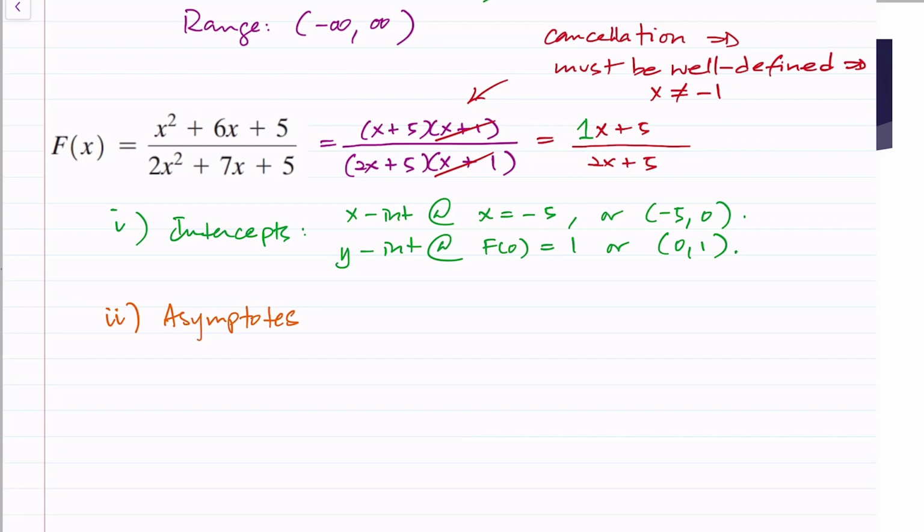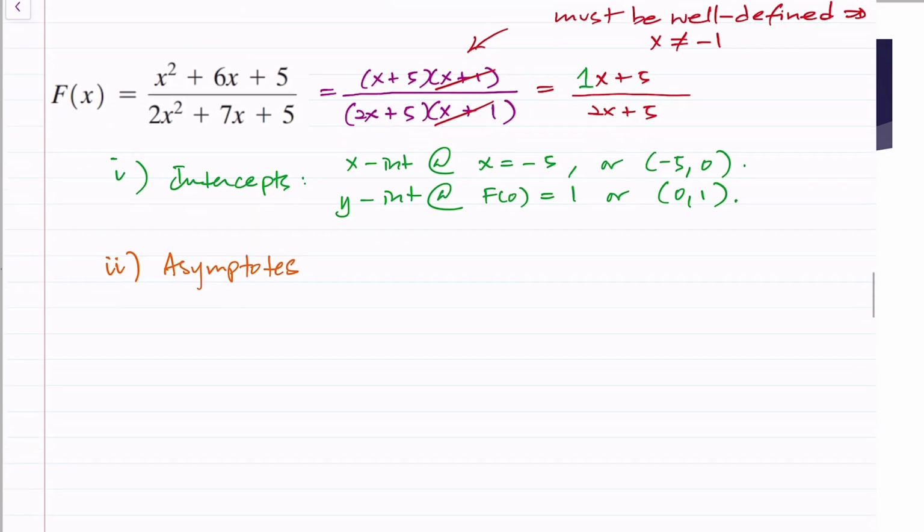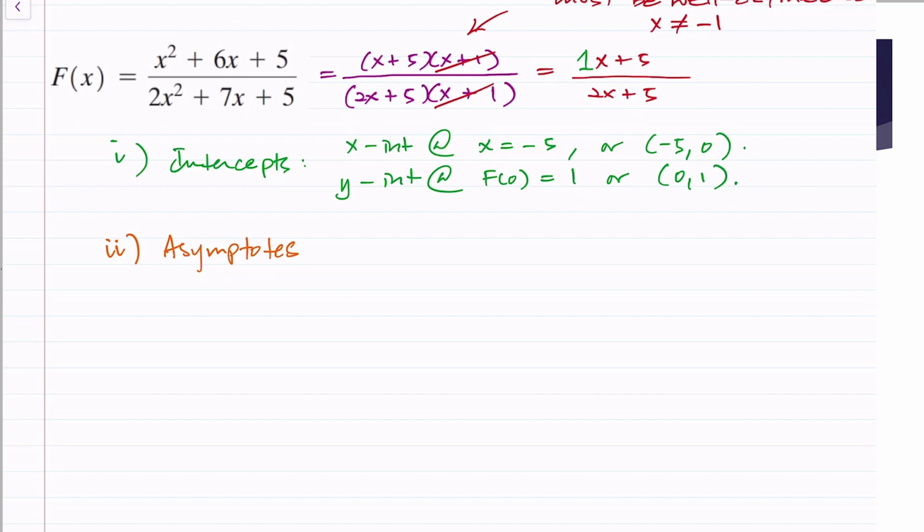So the horizontal asymptote is going to be at y is 1/2. And why is that? That's because the degree of the numerator, and you can reference whatever version you want, the original one or the simplified one, it doesn't matter, is equal to the degree of the denominator. I'm abbreviating a little bit there just to make it fit on the screen.